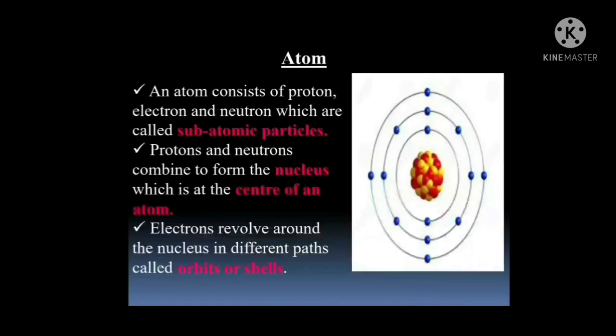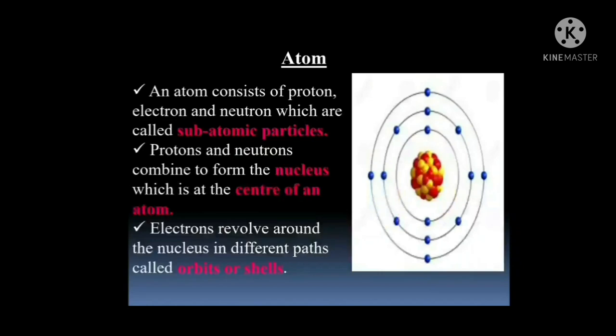So an atom is made up of protons, neutrons, and electrons, which are called subatomic particles or fundamental particles. Protons and neutrons combine to form the nucleus, which is at the center of an atom.